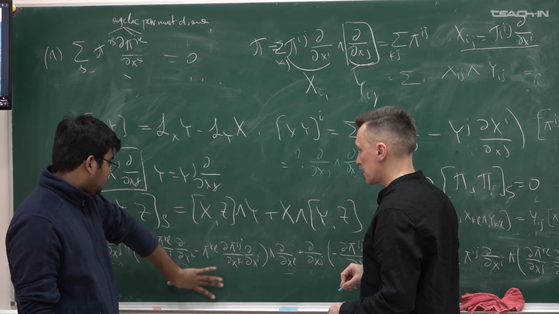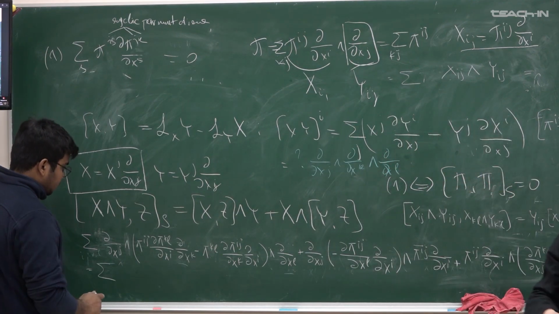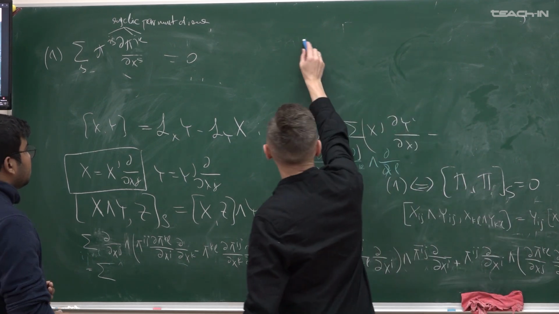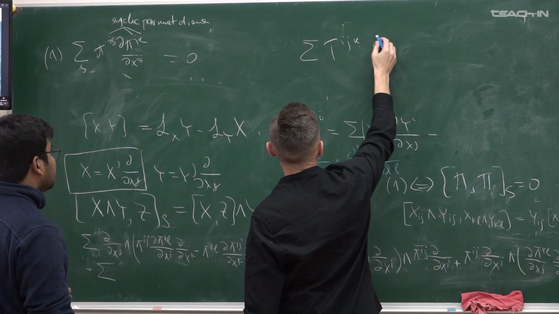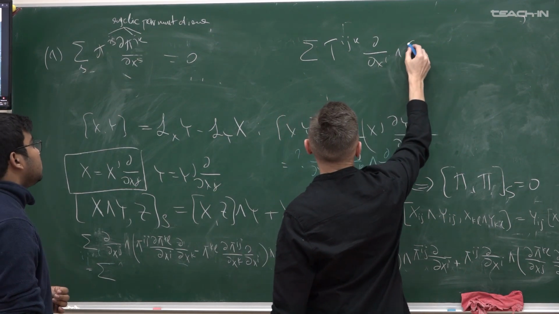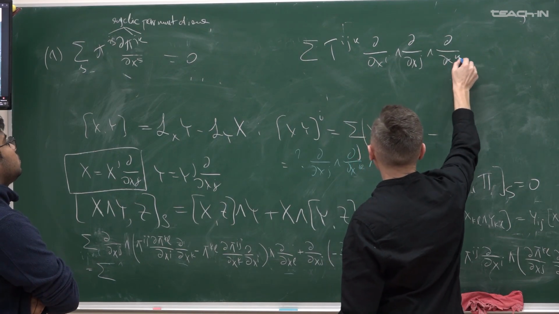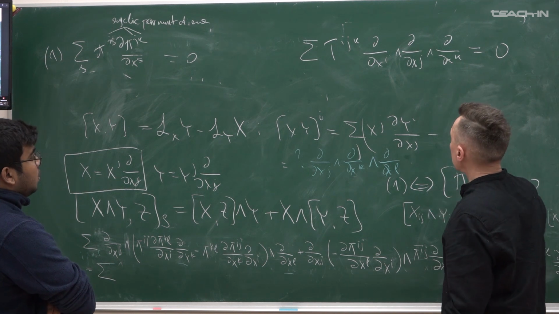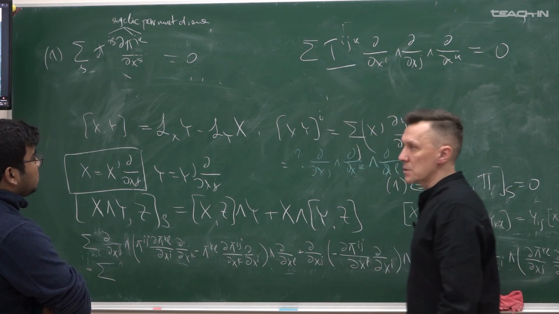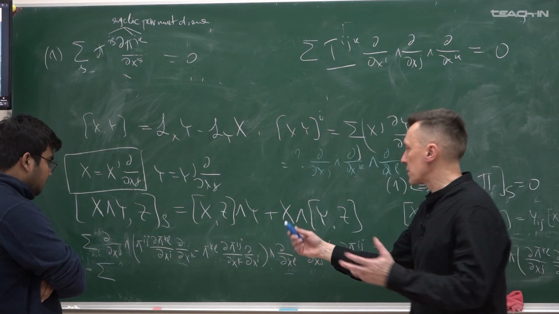So in sum, we will have an expression with d over dx i, d over dx j, d over dx k, and this should mean that these coefficients are 0. But now we have different bases, different notations.